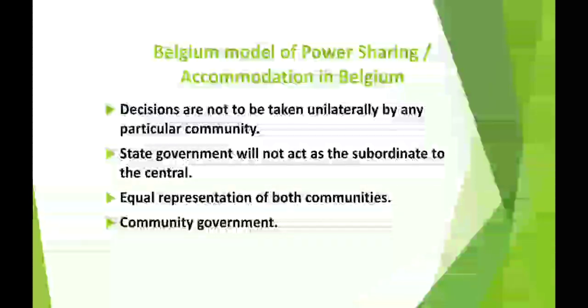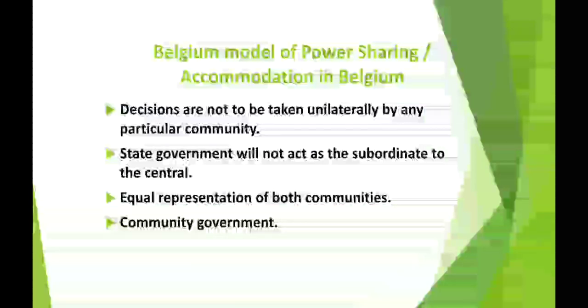Powers are to be shared with the state governments, thus the state governments are not subordinate to the central. Now, there we can see the government maintained an equality between both the communities, the Dutch speaking community and the French speaking community. It's clear that in their power sharing, they maintained an equal distribution of power between them.